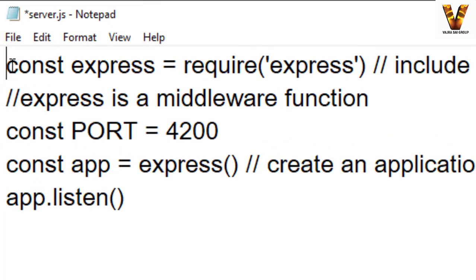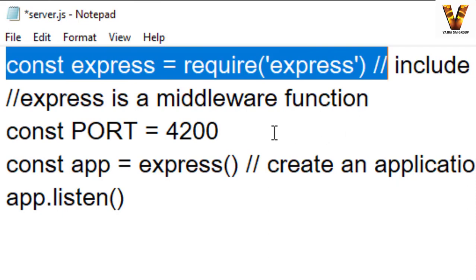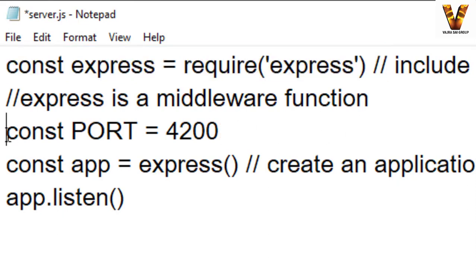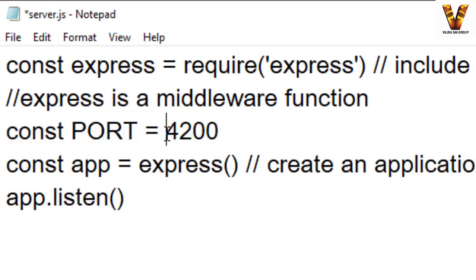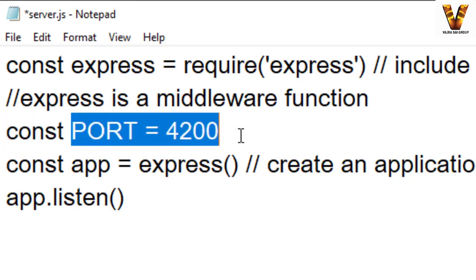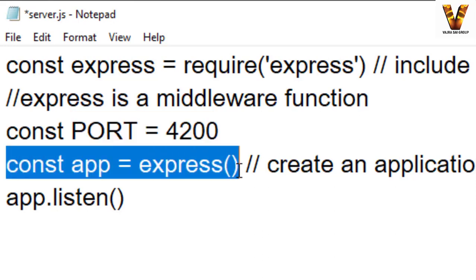So once we have included Express, what I'm doing is declaring a separate variable for the port. We have seen 4200 as a port number which we are using. So simply say const port = 4200, and I'm creating an application and assigning Express as a function.